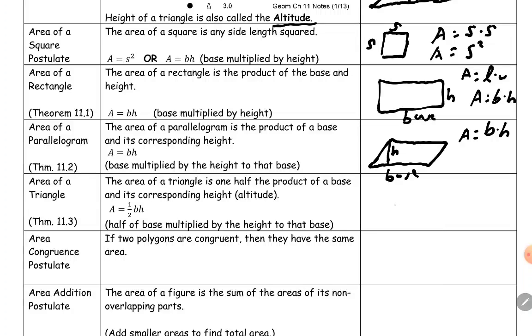Area of a triangle. Now you might not remember this one, but you should. Area of a triangle is just half the area of a rectangle. 1/2 the base times height.